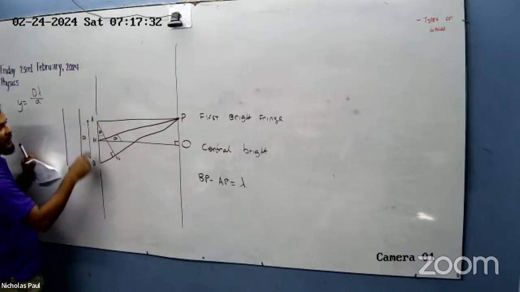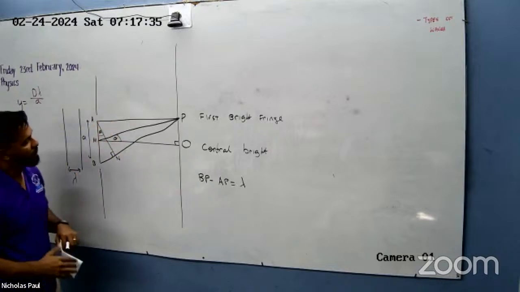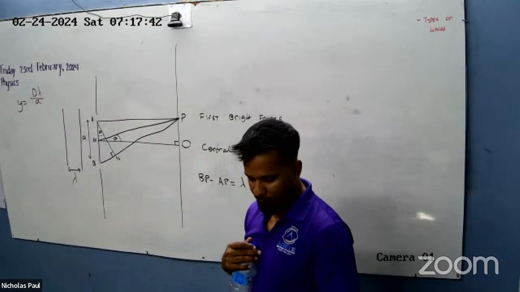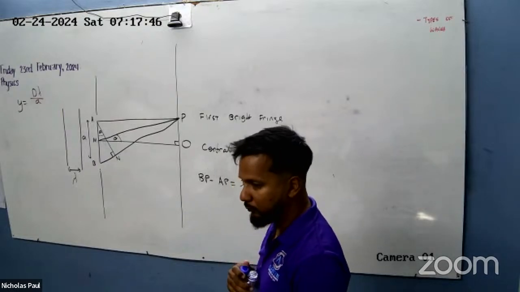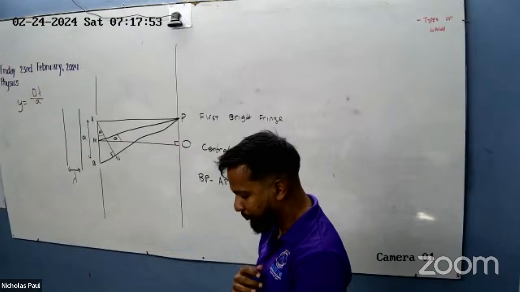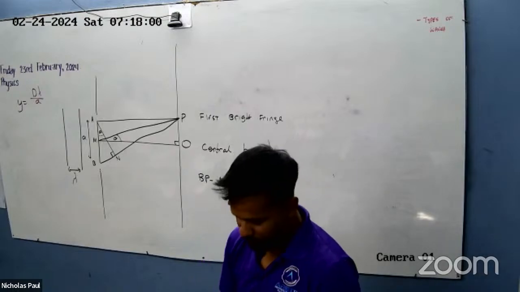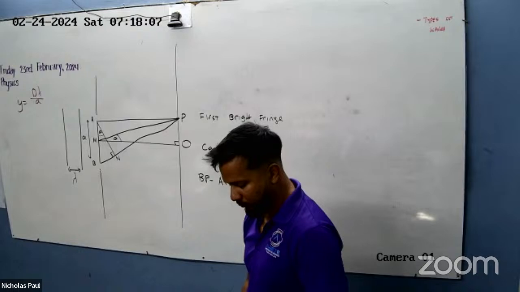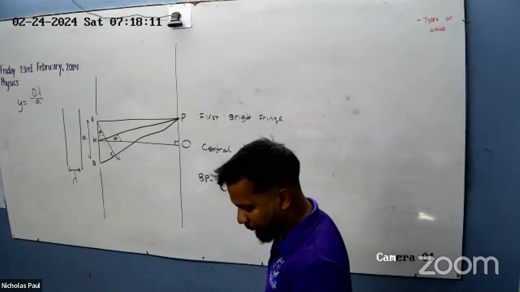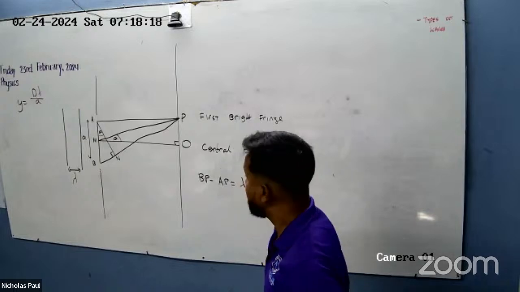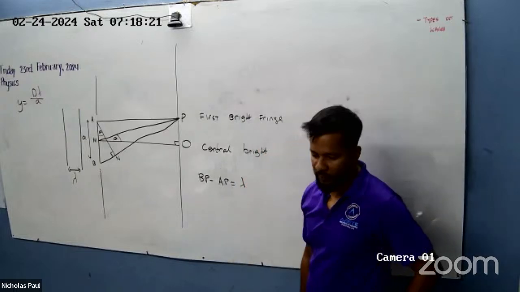So use the same labeling: A, M, B, and P. All right, copy it down, and let's put this together. We're going to use this diagram here to prove that relationship.